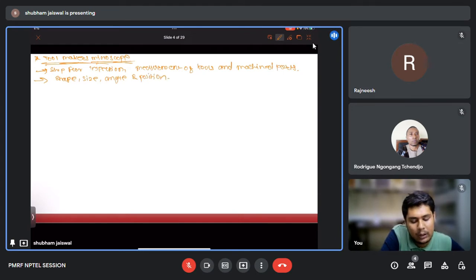So after that, we have seen the types of illumination that are used in the tool maker's microscope. First, we have seen the contour illumination.